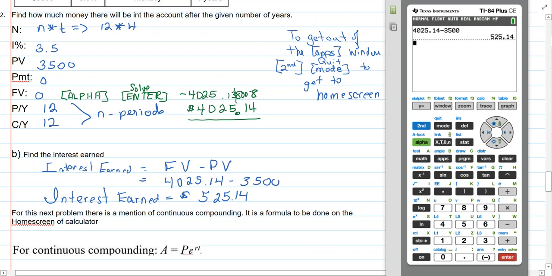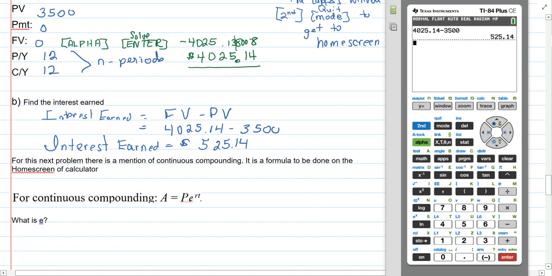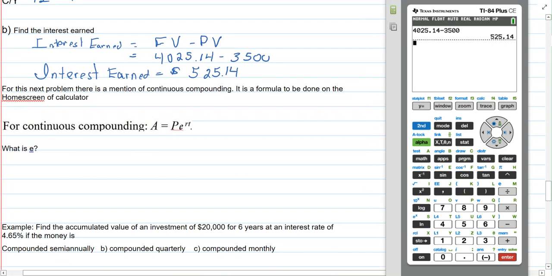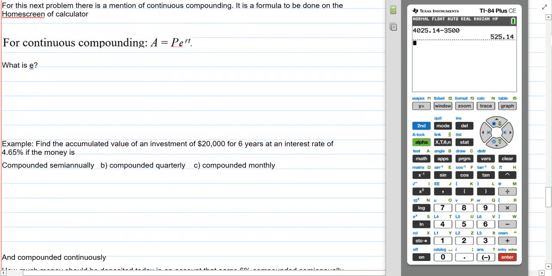Okay, there we go. As you can see, it is one of those cases where you're not going to have any issues on doing this homework.